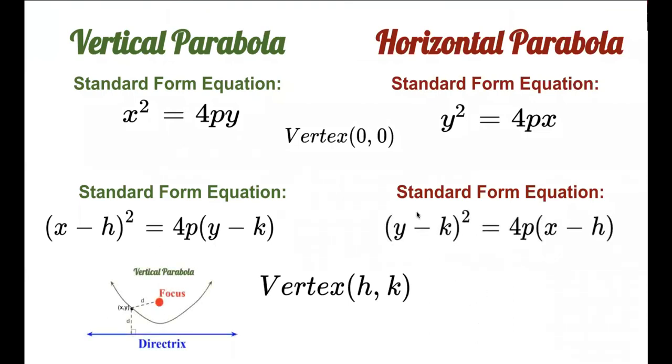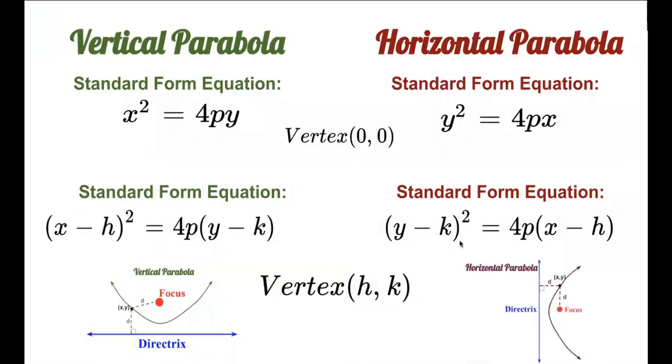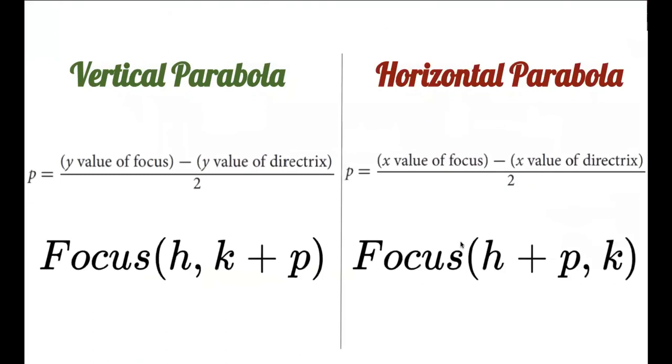Now we have our horizontal parabola. We have our standard form of equation, (y minus k) squared equals 4p times (x minus h). Okay, I'll give you guys a little second to write this down.